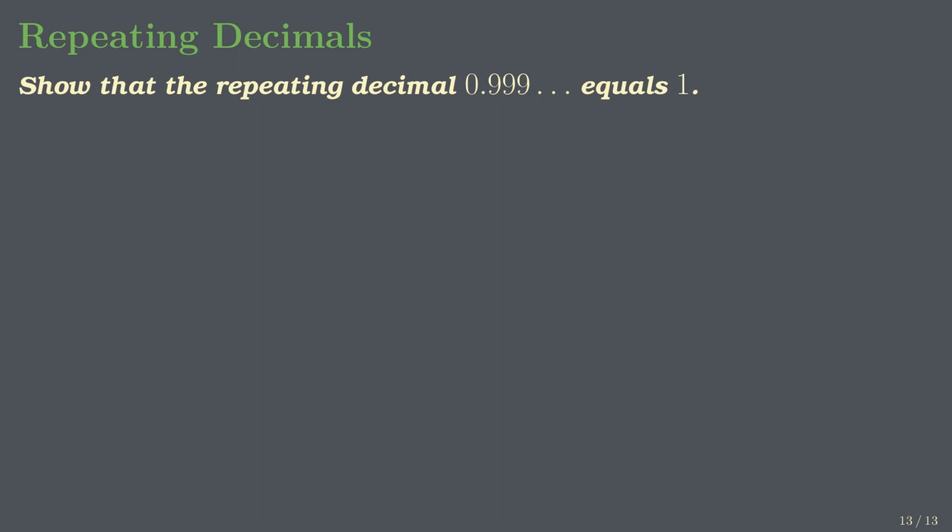So the decimal representing a real number is actually an example where you see the appearance of infinite series. So let's take a look at why 0.99999 equals 1, where you see that the sequence does not terminate.